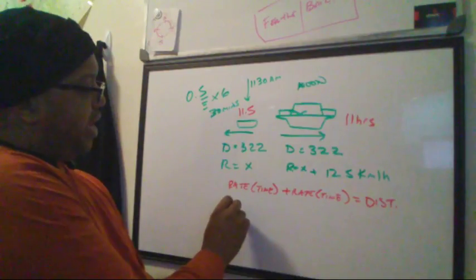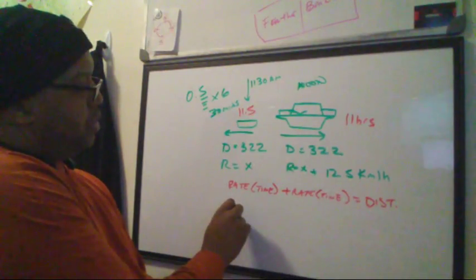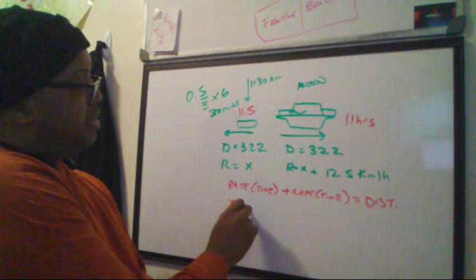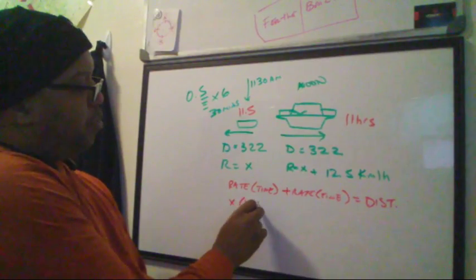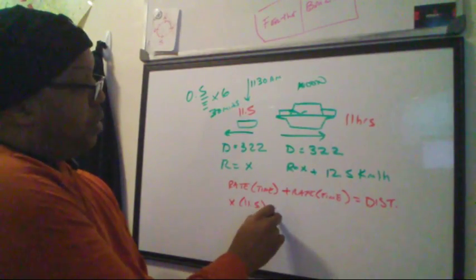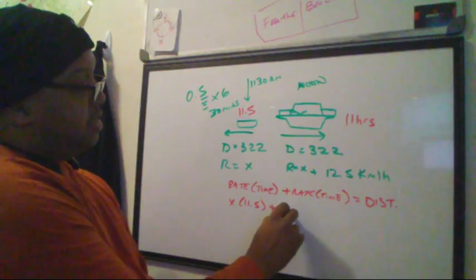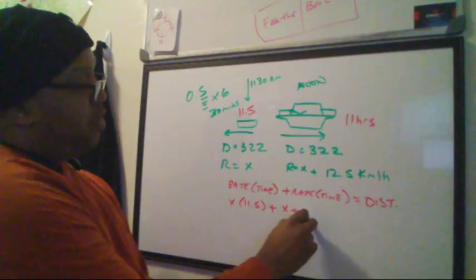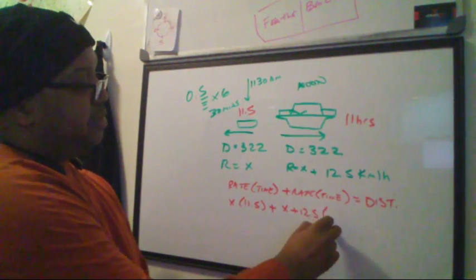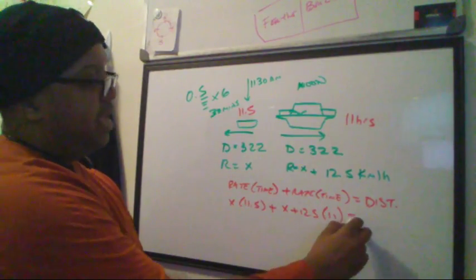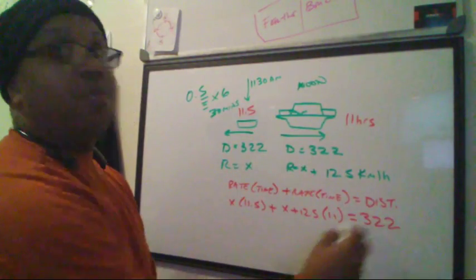So we have X, which is the rate, times time, which is 11.5, plus rate, X plus 12.5, times time, 11, and that is going to equal 322.